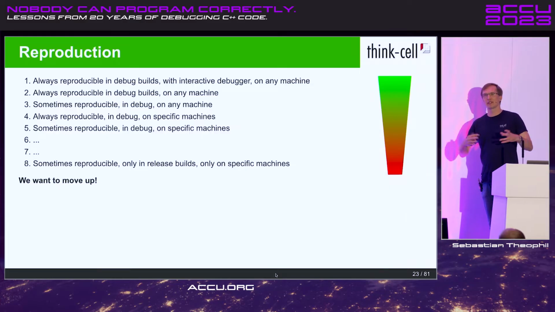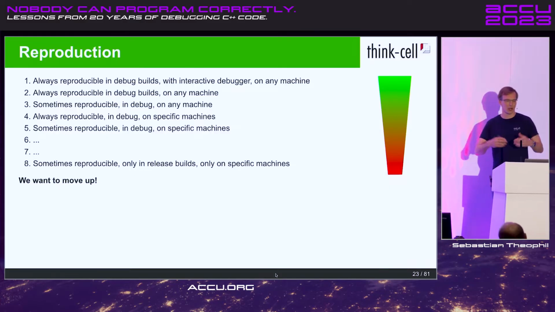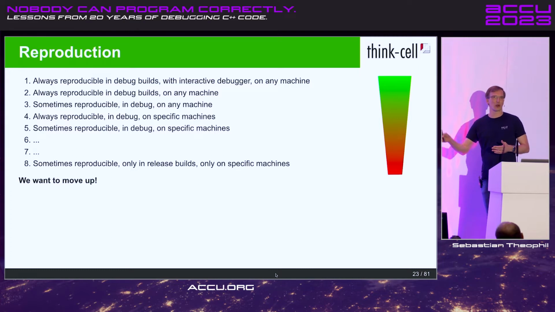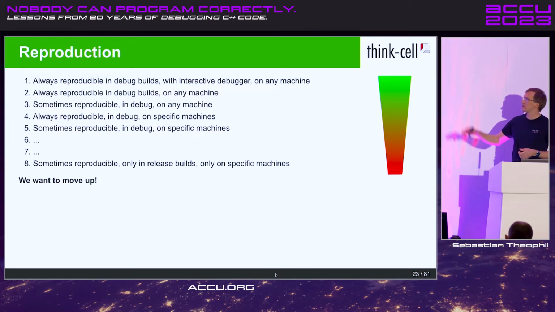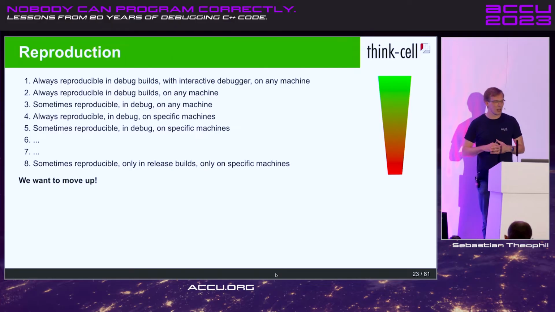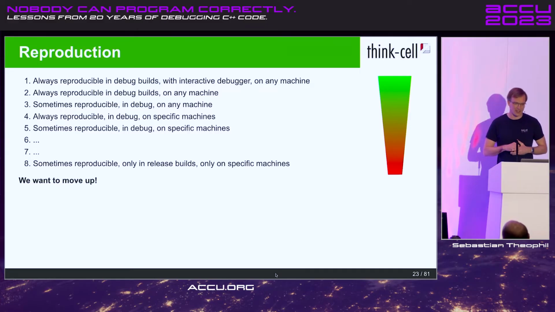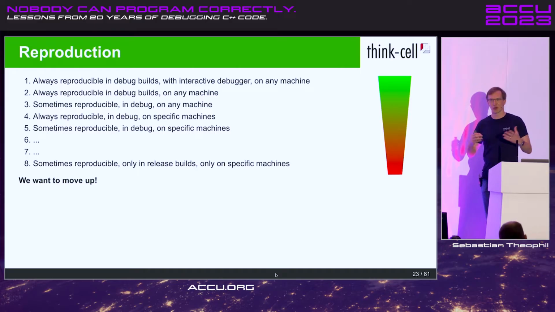So in the best case, your tester comes along with a bug report, and that bug report is always reproducible in a debug build on every machine you try it on with an interactive debugger attached, and then you're good to go. But, well, you might be less lucky, and maybe it's only sometimes reproducible, only on very specific machines with very specific optimization flags, and maybe you need 10 other things installed for the bug to be reproducible.